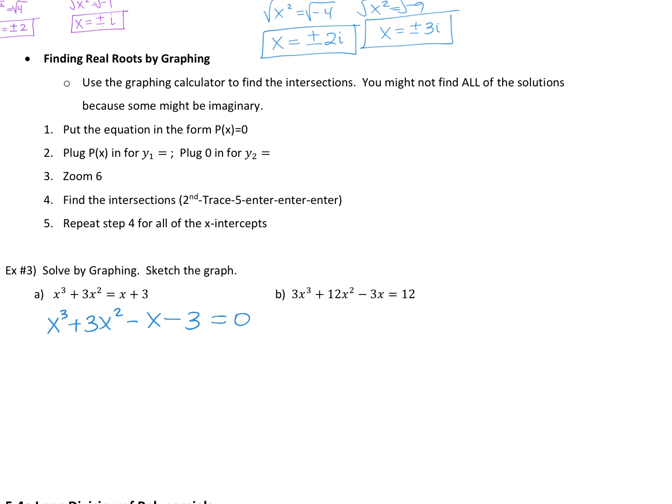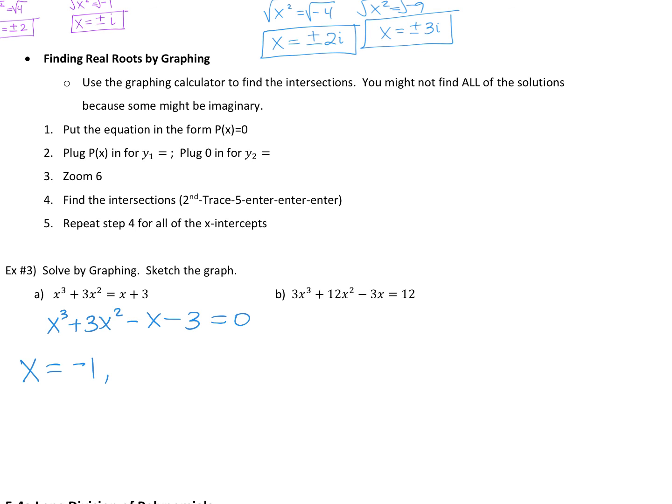If you just hit enter, enter, enter right now, it's going to choose one for you. Mine chose the middle one. I'm guessing yours probably did too. So you get x equals -1. Now do it again. Second trace 5, and now you need to arrow closer to one of the other ones. I'm going to go to the left. You may go to the right if you want.